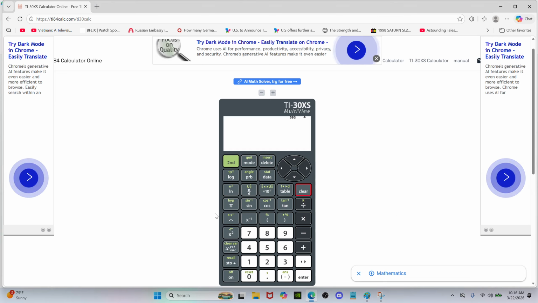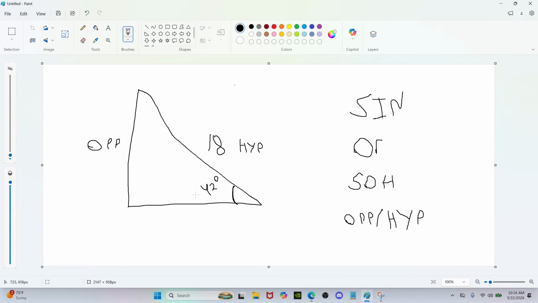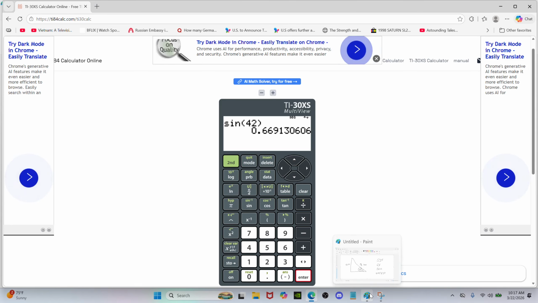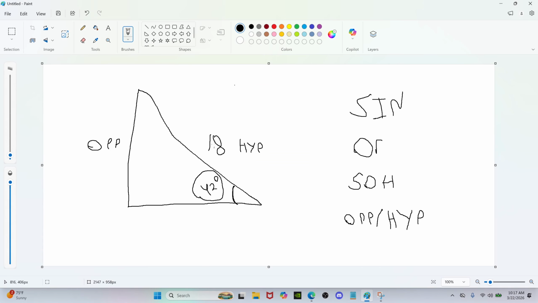So firstly and foremost, what I want you to do is click sine. And you see this number here? That's the degrees. So we have to enter that firstly and foremost. So 42 degrees. And we're given this set of numbers, 0.669130606. But we have one number of the right triangle already, which is the hypotenuse.